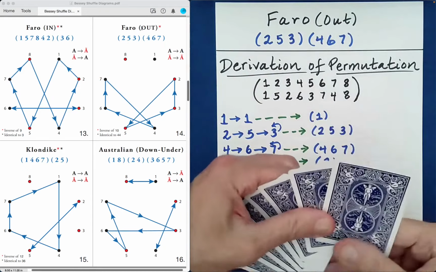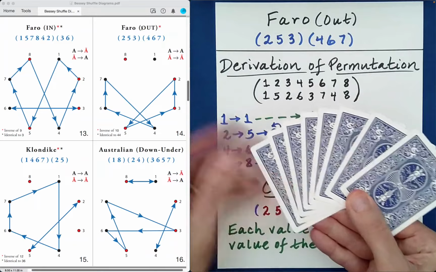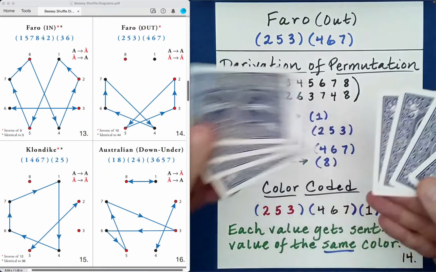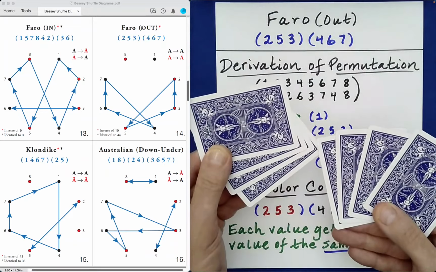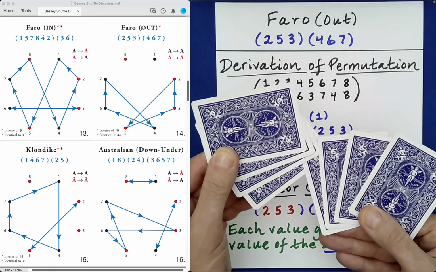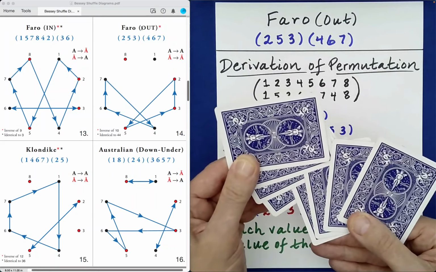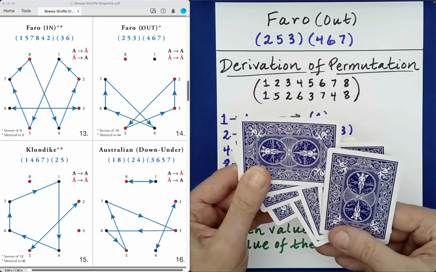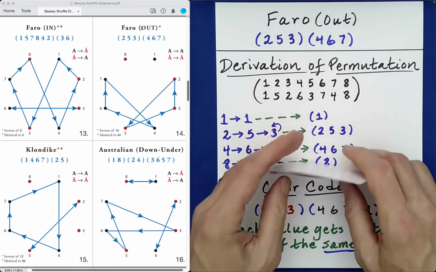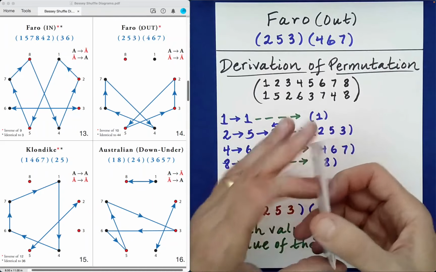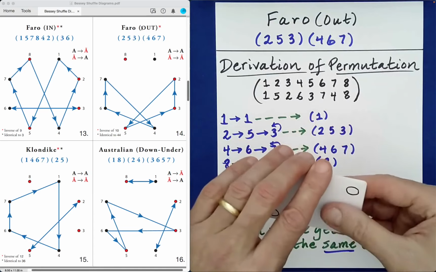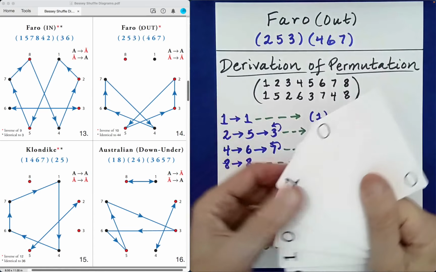So here we're performing a FARO out again. So we're going to take the bottom half. So we interlace them perfectly in such a way that the top card on the left goes underneath the top card on the right. So that is a FARO in. And what will happen is it will preserve that form.